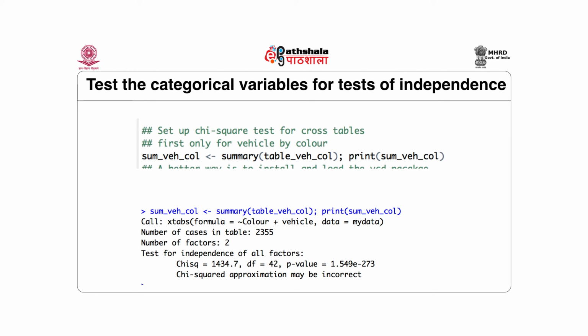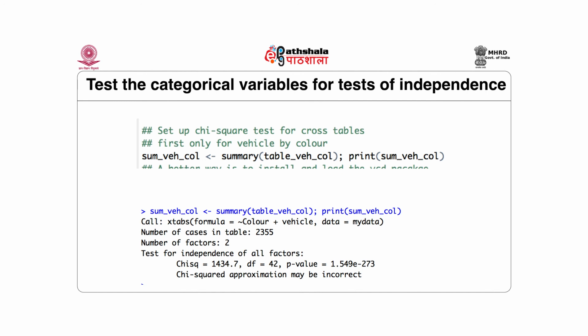A summary function will run a test of independence, in this particular case chi-square tests of independence, and we shall be seeing some of the other tests of independence that you can do, and you can easily produce all the reports and results. And because the xtabs function produces an object, you can then subset, and you can create functions by which you can produce the percentages of each of these cells, and you can make some good use of that.